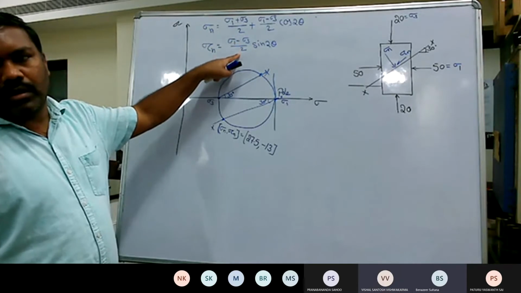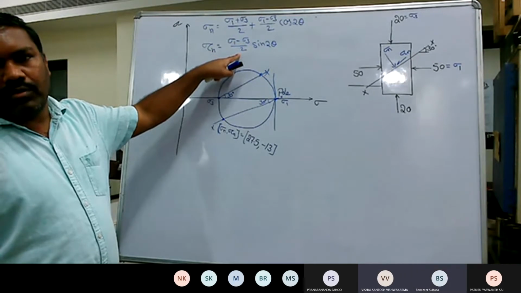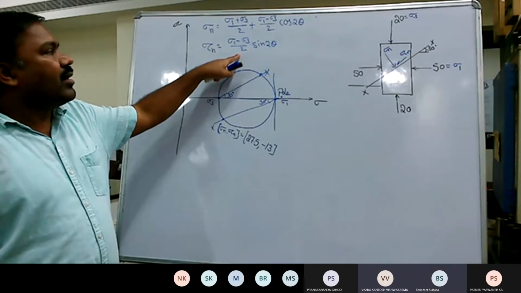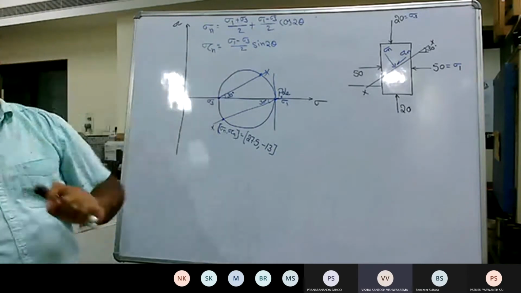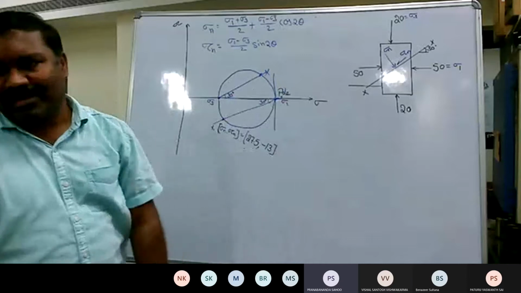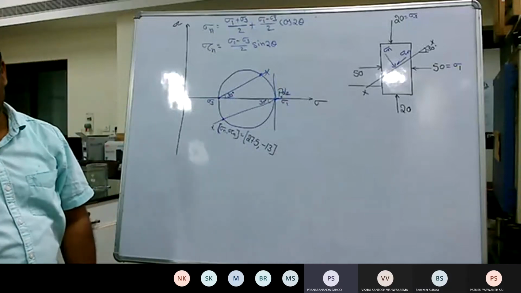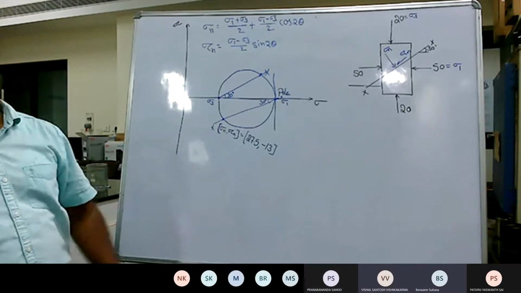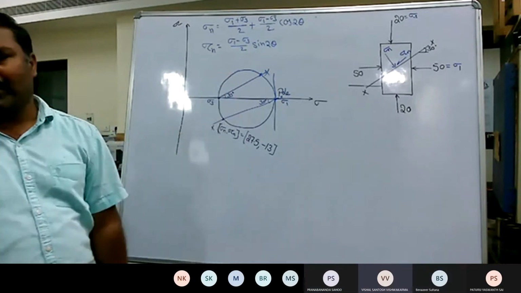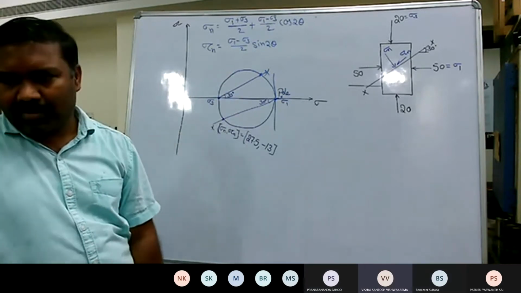Yes, sir, it is correct, but the only thing is we have to add a minus coefficient. That depends, sir, it will be sigma 3 minus sigma 1 by 2.